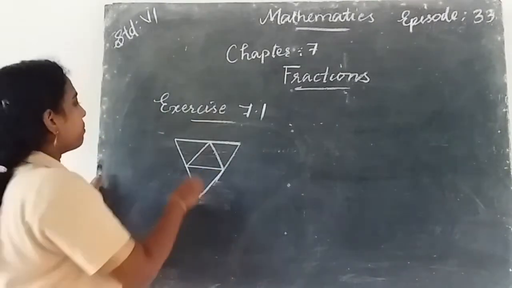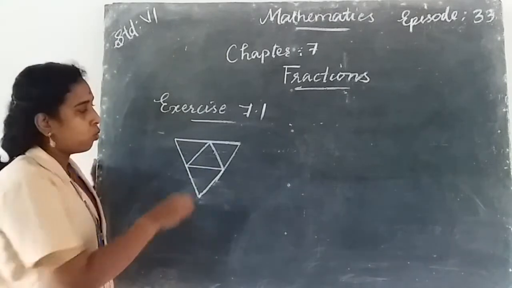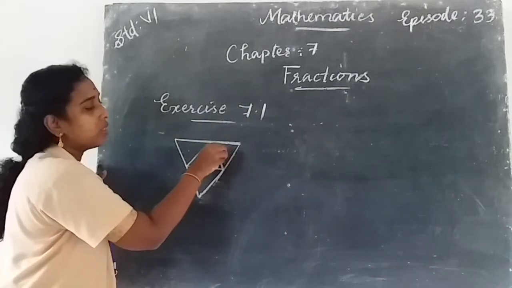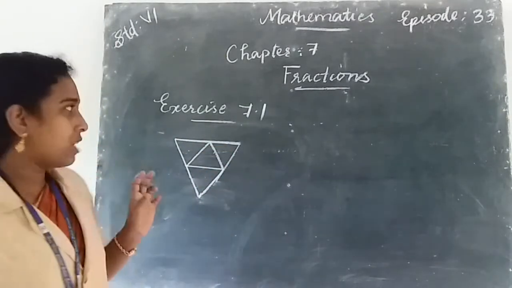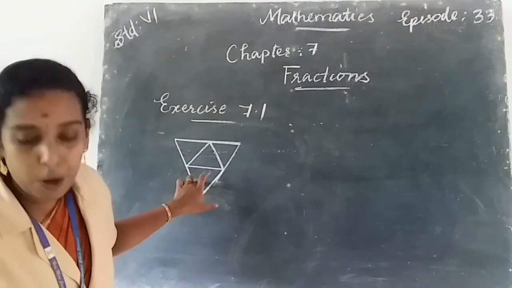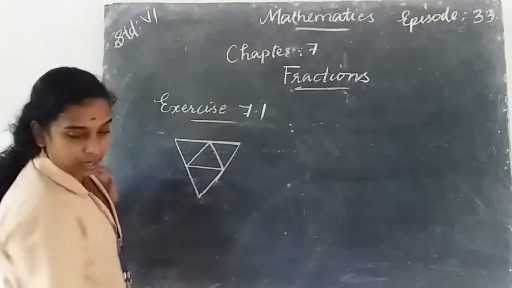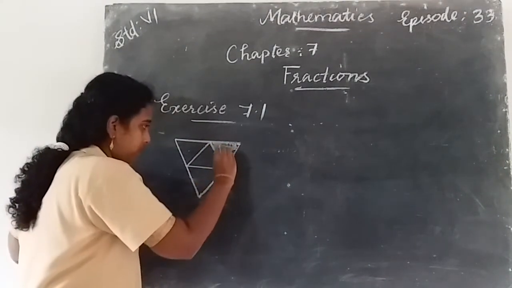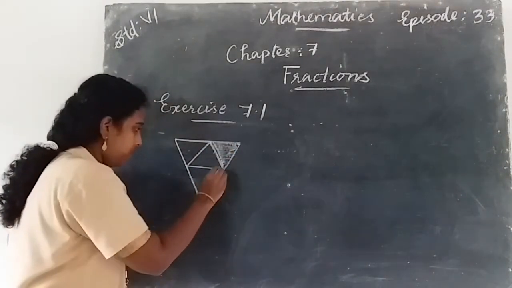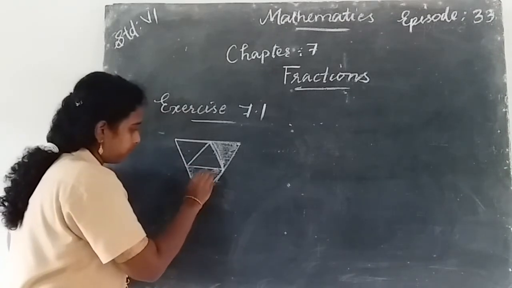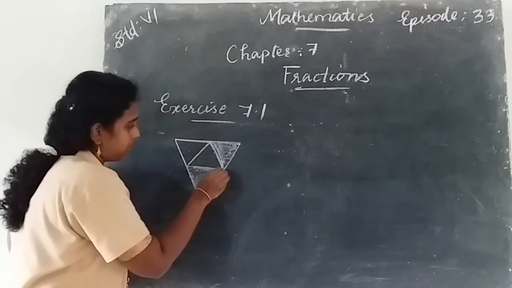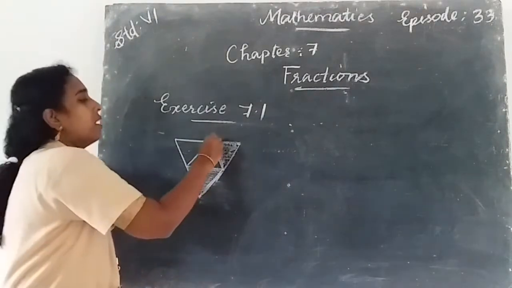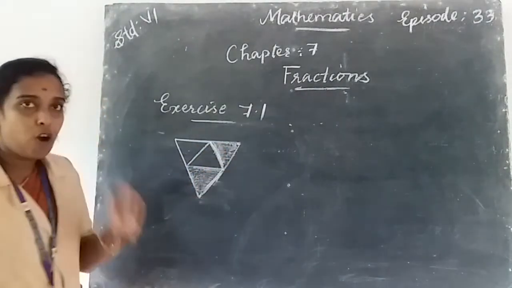The triangle can be divided into how many parts? 1, 2, 3, 4. It is equally divided into 4 equal parts.